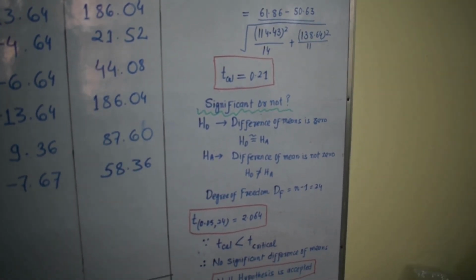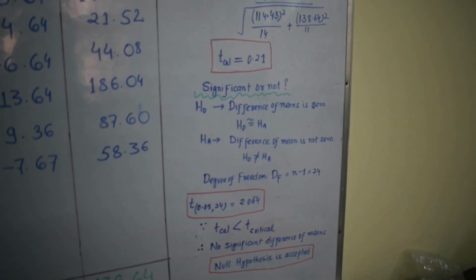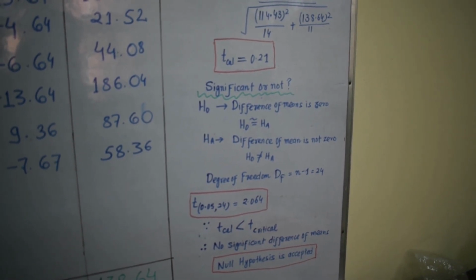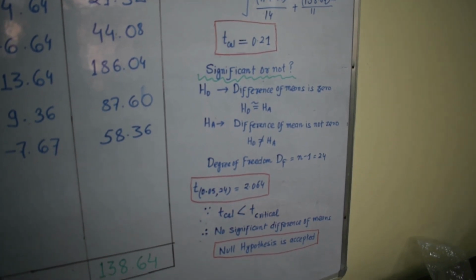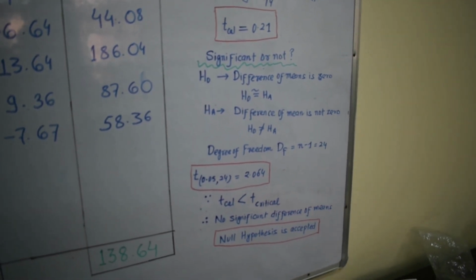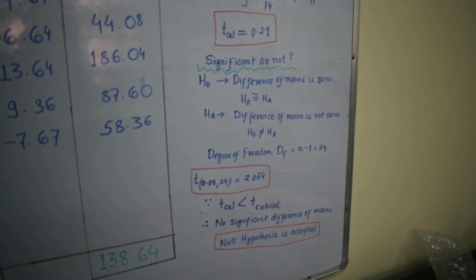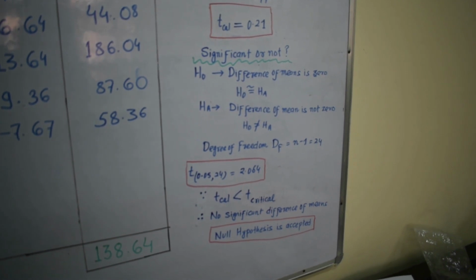Now on to calculation of degrees of freedom. The total number of records was 25. So the degree of freedom will be the number of observations minus 1, that is 24, n minus 1. Now the t critical value at the 95% confidence level at 24 degrees of freedom is 2.064.